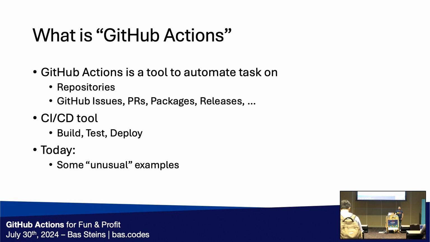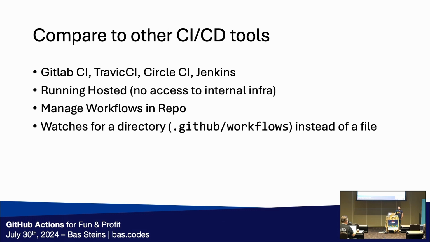GitHub was actually a little late to the show. There were other tools like GitLab CI, Travis CI, CircleCI, and of course the well-known Jenkins. So GitHub had the chance to learn a lot from what these tools did right and what they potentially did wrong. What all of these have in common is that you place your workflow definitions in your source code repository.